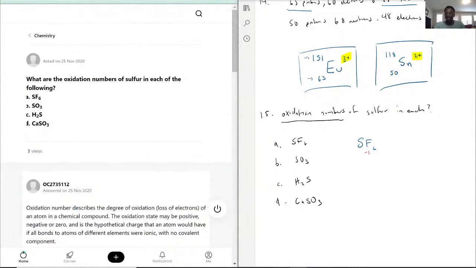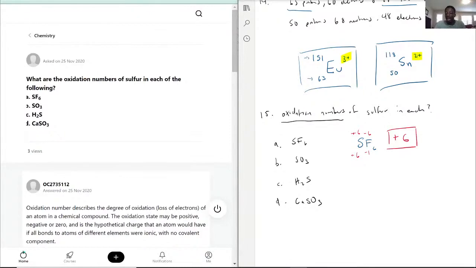Because it has an oxidation number of -1 and there's 6 of them, the total this has to account for is -6. So for this to have a total neutral charge, sulfur needs to be +6. And because there's only one of them, the oxidation number of sulfur here is +6.